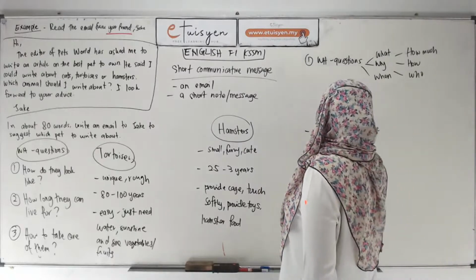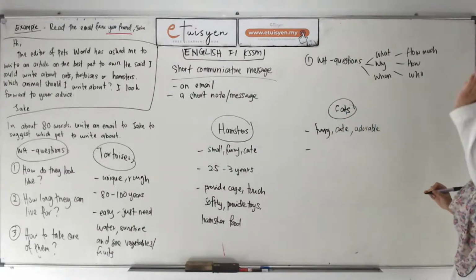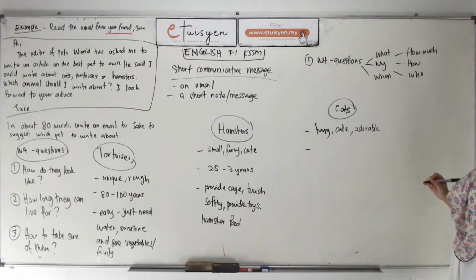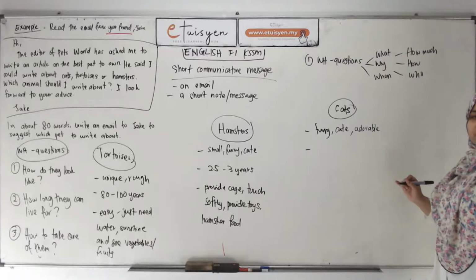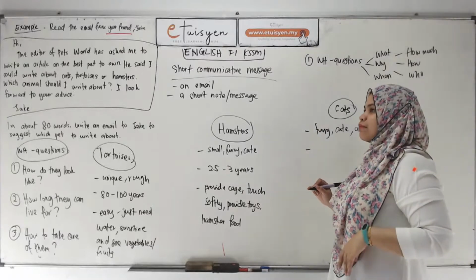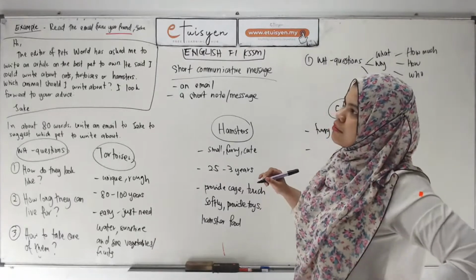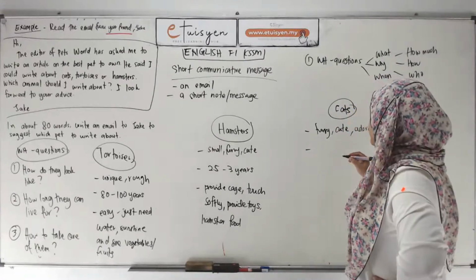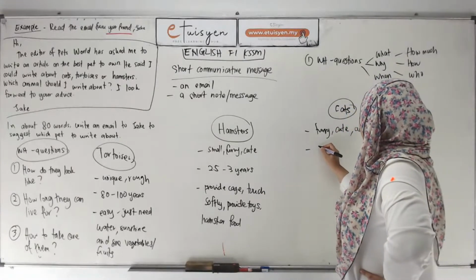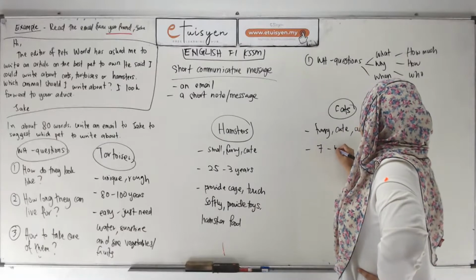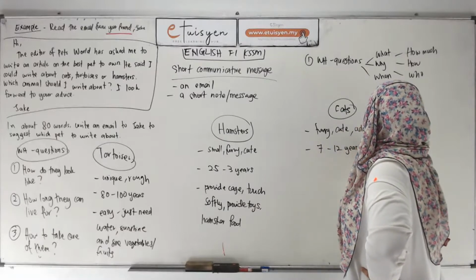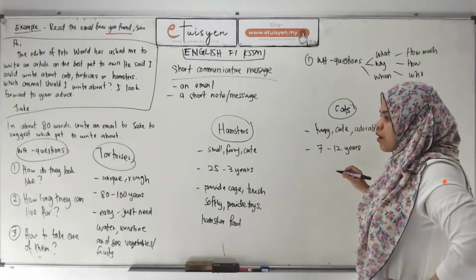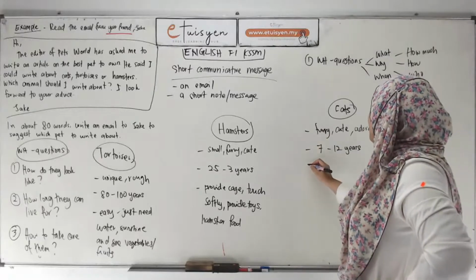Okay, now how long can they live for? Wow, okay, if you take care really good of these cats, they can live up to 12 years. But most of my cats, some of them can live to like 7 to 12 years. Okay, all right, so how to take care of them?